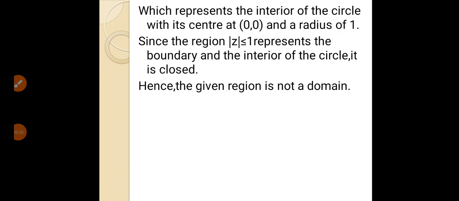Since the region modulus z less than or equal to 1 represents the boundary and the interior of the circle, it is closed, hence the given region is not a domain.